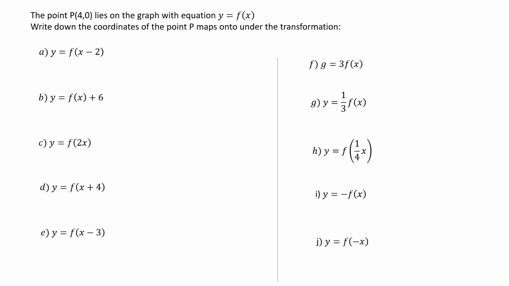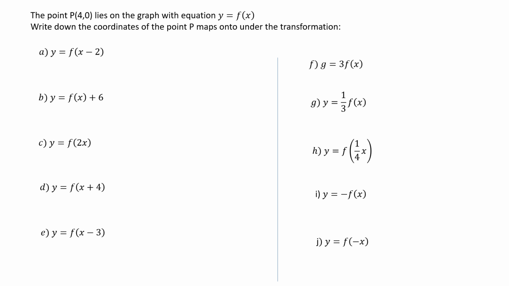So first one, y equals f of x minus 2. So the constant is inside the bracket. So the x coordinate is going to be changed. Y coordinate is not changed.